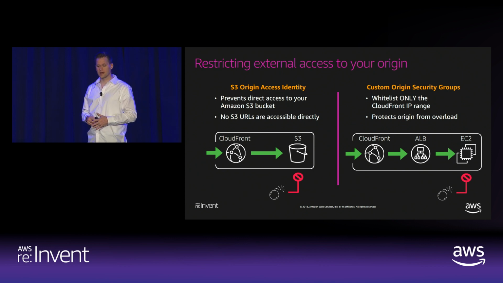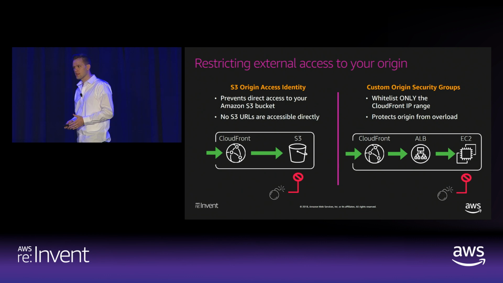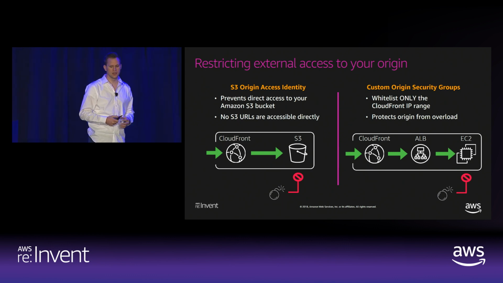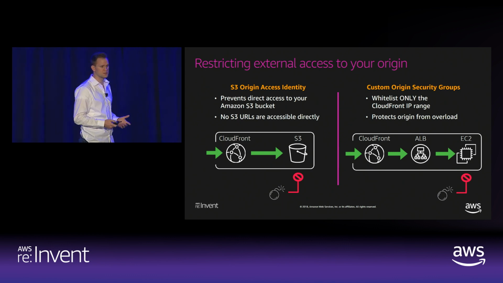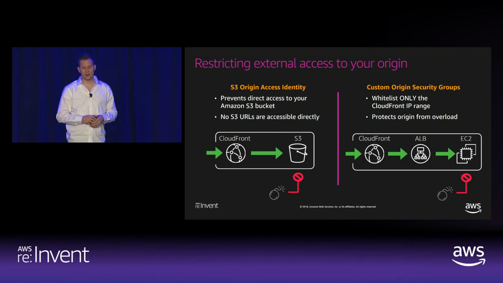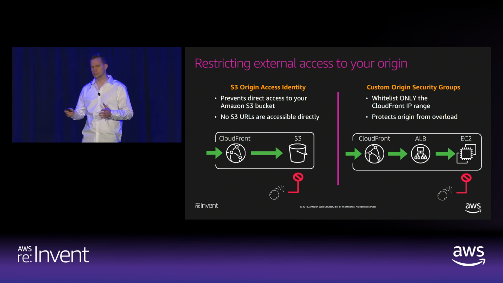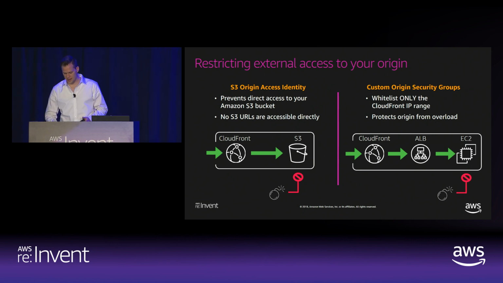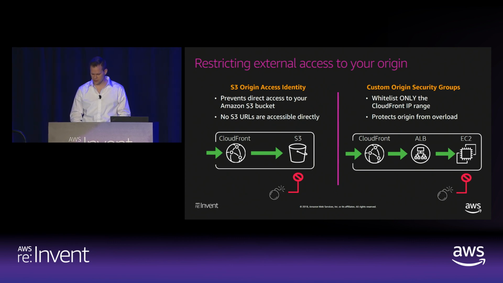If you have S3 buckets, you can protect this through a feature called Origin Access Identity. Or if you have any type of custom origin, such as an EC2 instance or an application load balancer, you can do this through security groups and using the CloudFront IP ranges to restrict access to requests only coming within those CIDR blocks. Now, I'm going to go ahead and switch over to a demo to just quickly show how easy it is to get started with Origin Access Identity, and then we'll talk about how you can do this for custom origins as well.